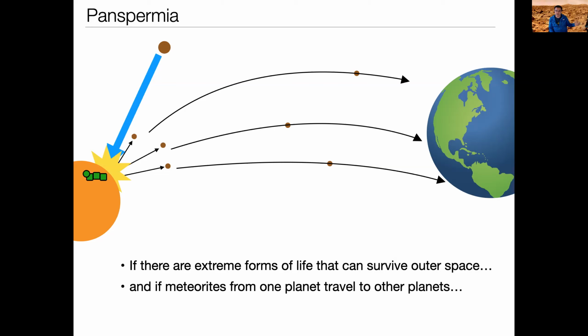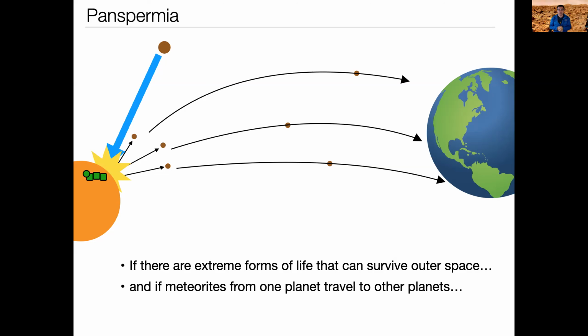Not only could they carry traces of life, maybe they could carry life itself, like a tardigrade, from one planet to the other. And if that happens, that's what we call panspermia. That is the transfer of life from one body in the solar system to another body in the solar system.